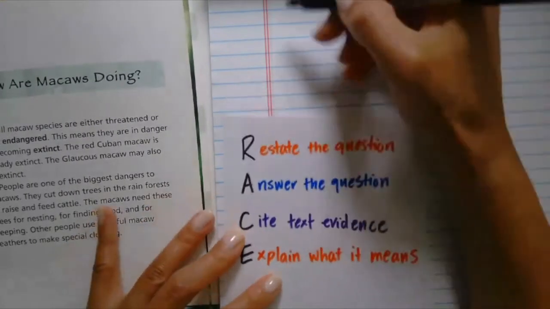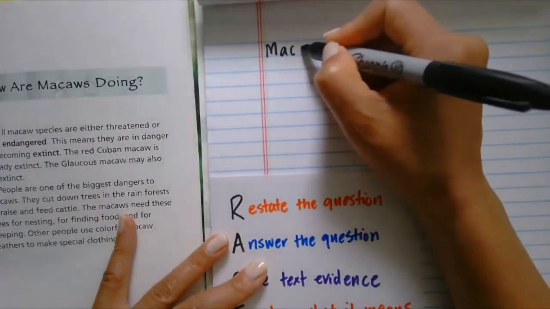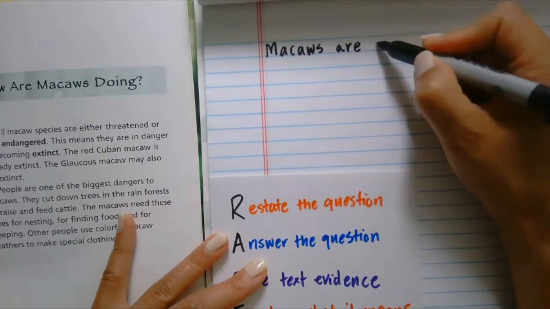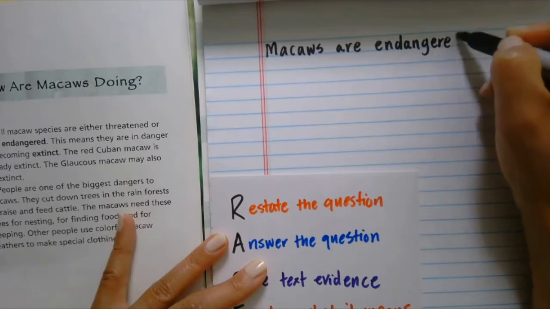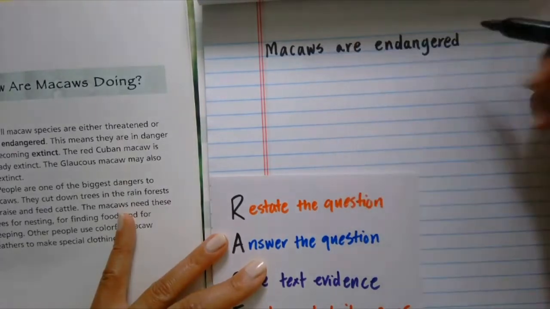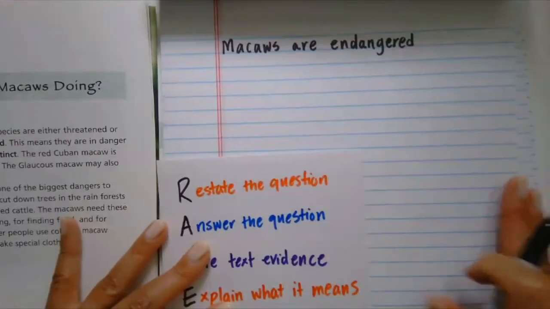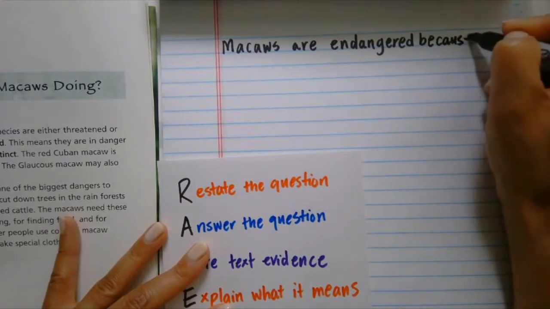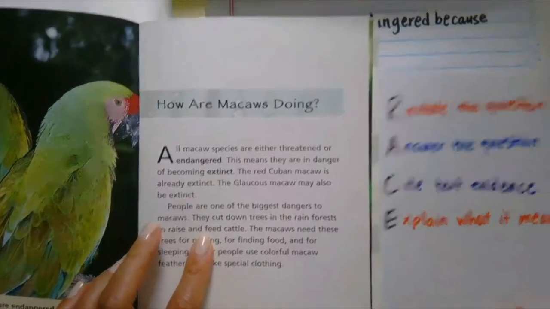So I'm going to write macaws are endangered. Now I'll write the word because my question is asking why, and I'm going to give the reason. Because I'm going to talk about how they are losing their rainforest habitat.